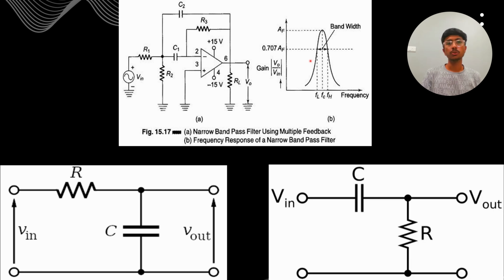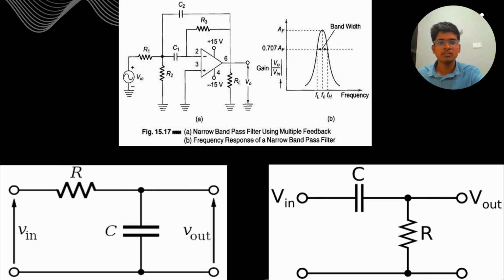This is especially used in biomedical systems where signals exist within a known frequency band. So overall, filters play a crucial role in cleaning biological signals and ensuring accurate analysis and diagnosis.